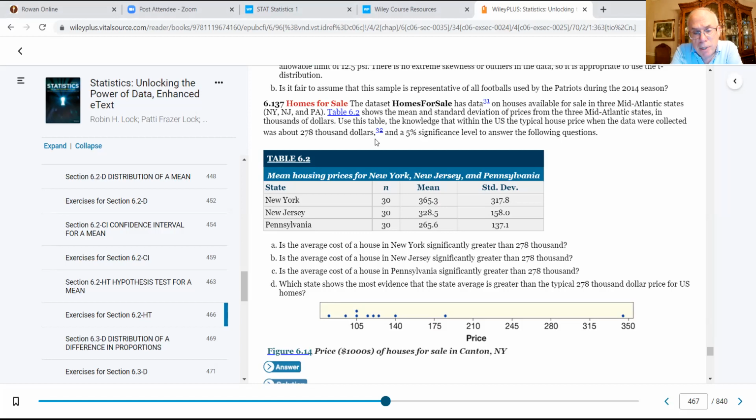Now, we're assuming here that the prices are in thousands, so you don't need to put in the 000. You could just say $278,000. So the null hypothesis is that mu is equal to 278. Now it says here, use this table.